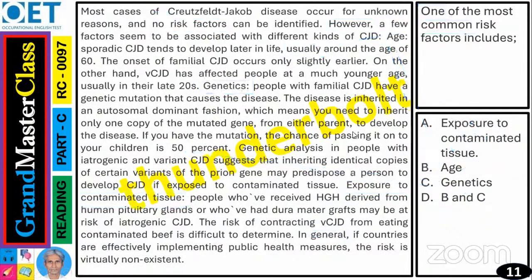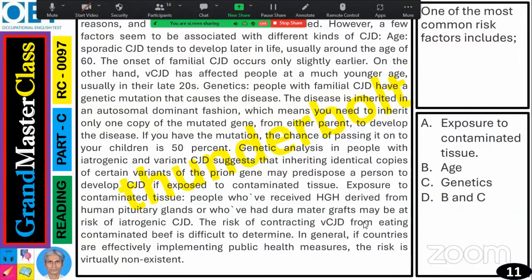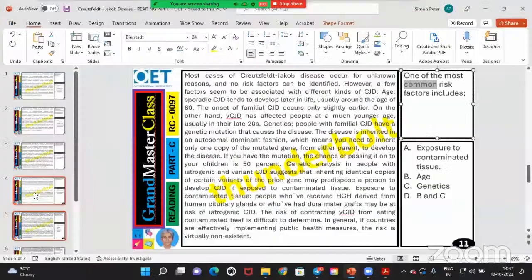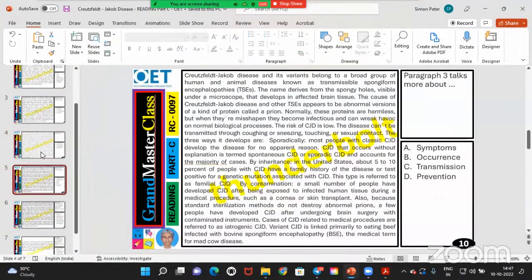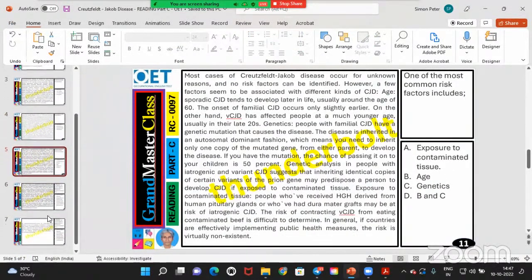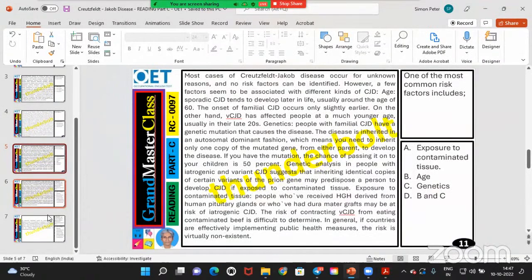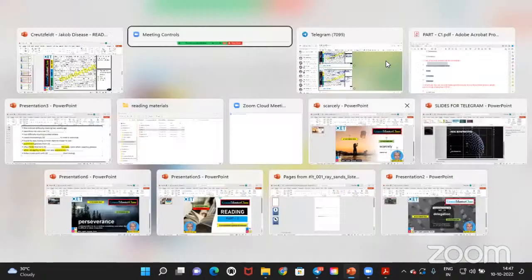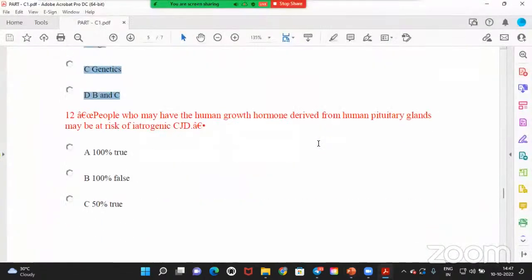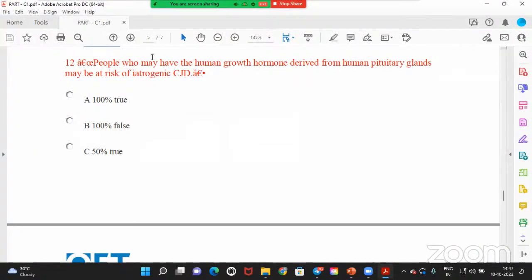Clear all drawings. Okay. Next one. So fifth is over, sixth. For the sixth question, we have to see first: people who may have human growth hormone derived from pituitary glands.